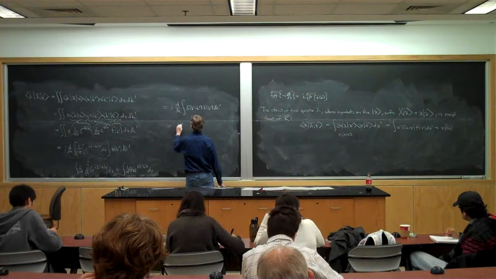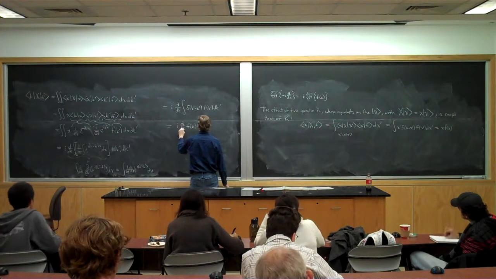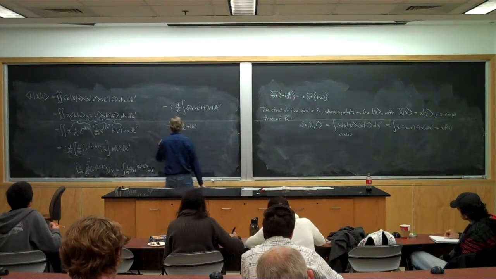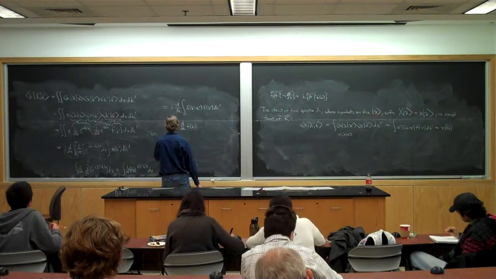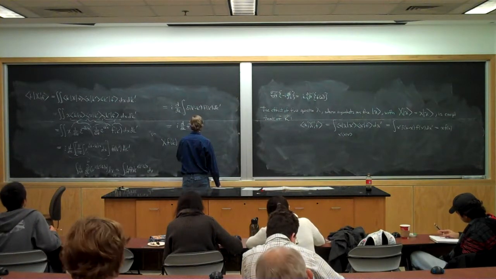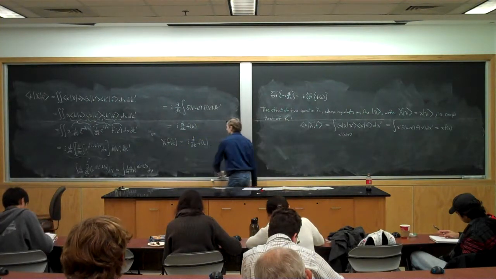So this is i d/dk of f of k. So in other words, x applied to f of k is i d/dk f of k.